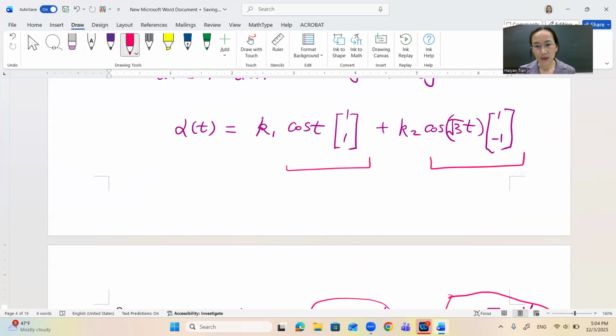And these 2, we call this one eta 1 t, and that's eta 2 t. And as you can see, this is a superposition of eta 1 and eta 2.